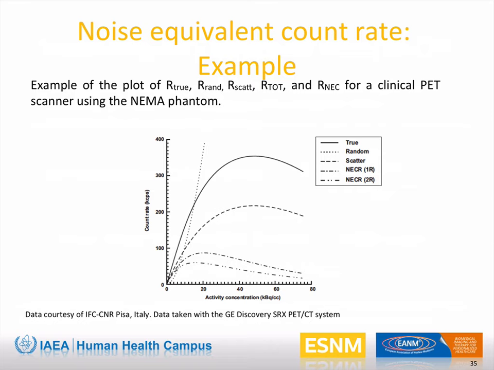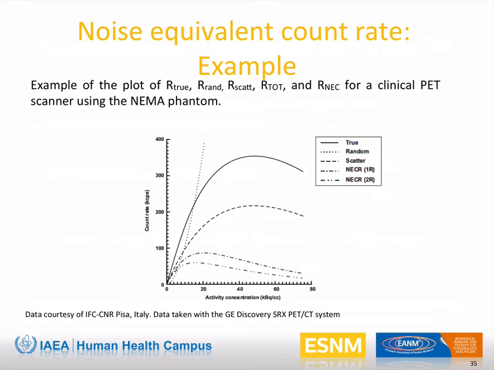As one can observe, the random count rate increases quadratically as the activity concentration increases. The NEC curve shows its typical behavior, with a peak at a given activity concentration. For example, here the peak is at around 20 kBq per cubic centimeter.